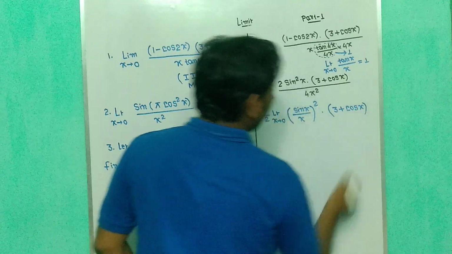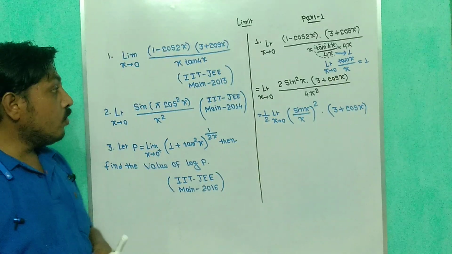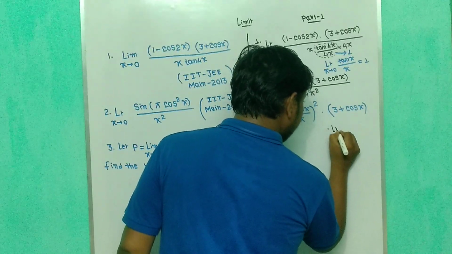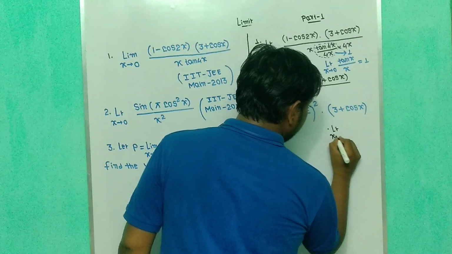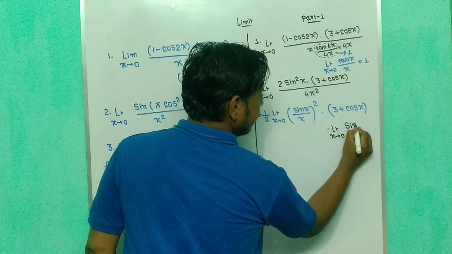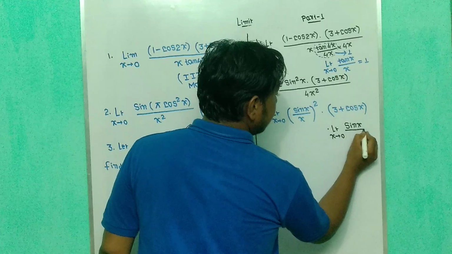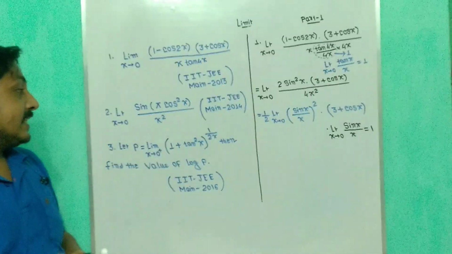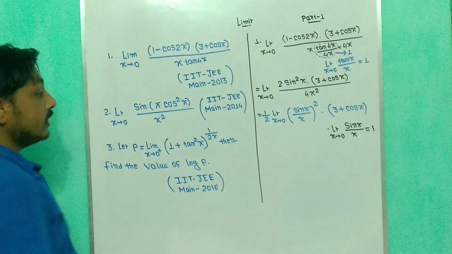Okay, also we know one more formula, that is limit x tends to 0 sin x by x equals to 1. Clear? Limit x tends to 0 sin x by x equals to 1.